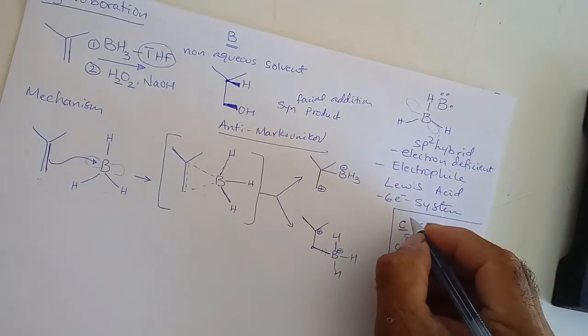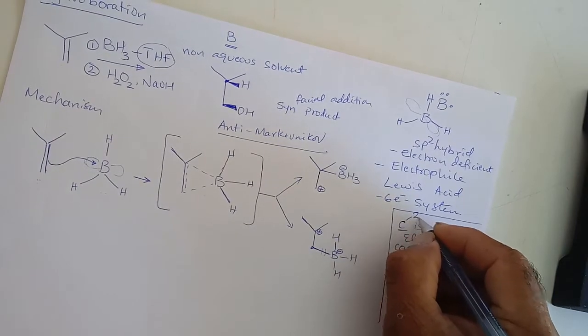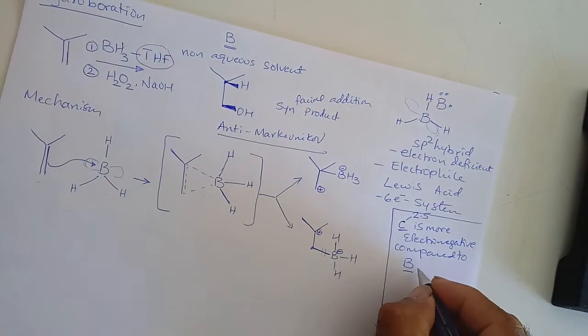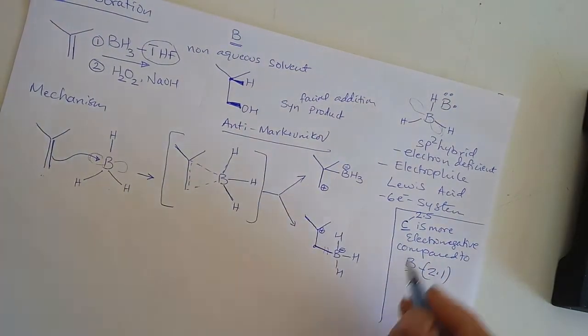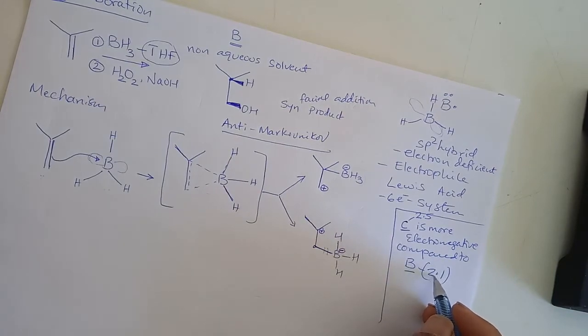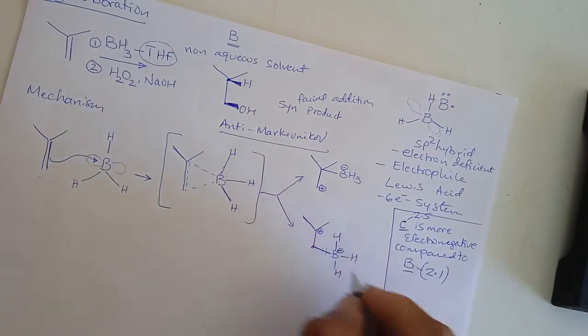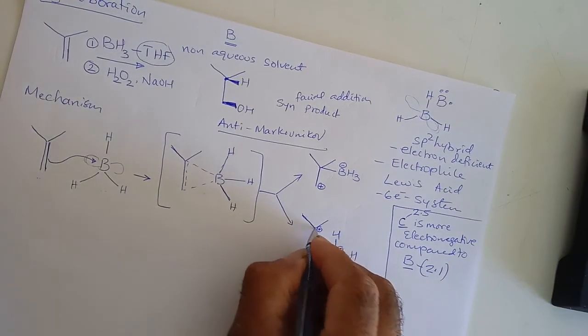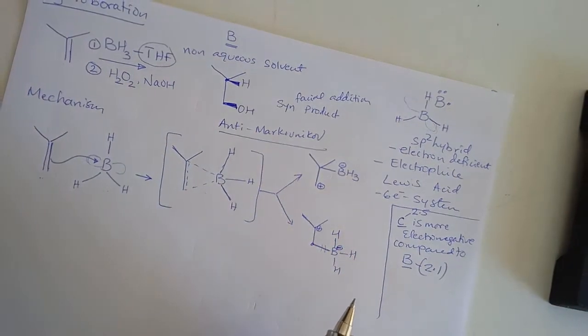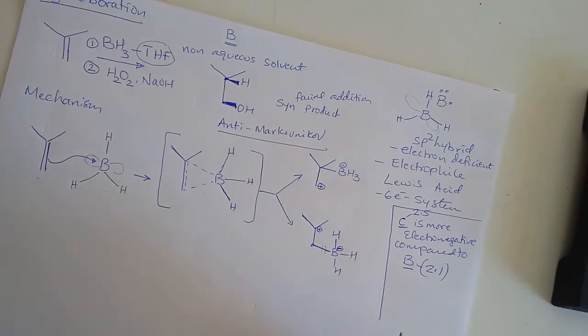If carbon is, I would say, 2.5, this is like 2.1 electronegativity. So there is a significantly lower electronegativity. And if that is the case, how can boron have a negative charge and carbon have a positive charge? That's a violation of the formal charge rule.